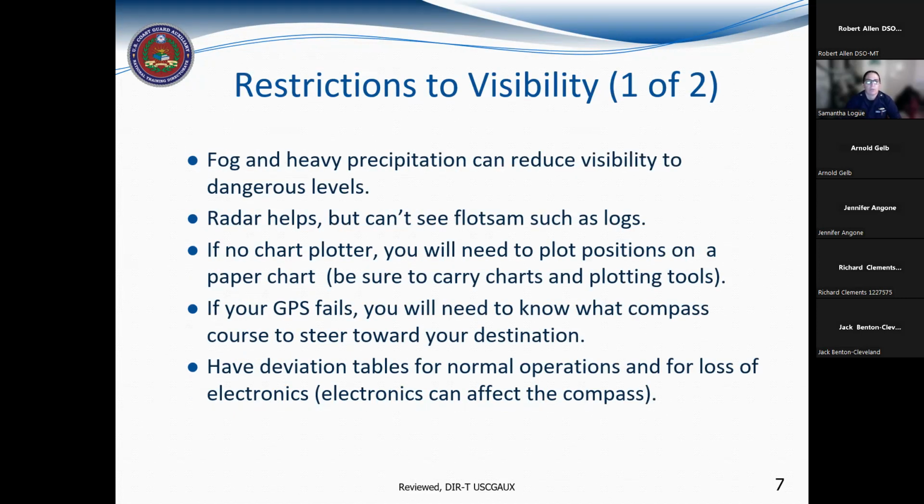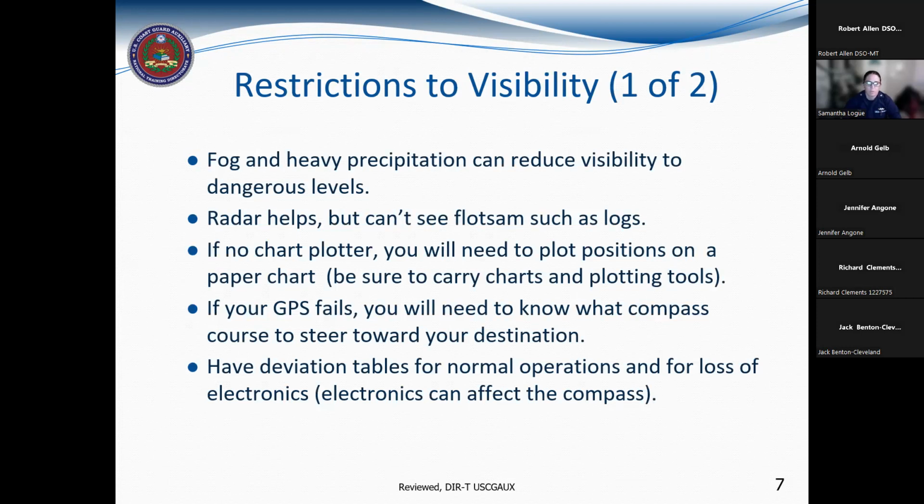Next slide, please. Restrictions to visibility. Fog is not a big thing here in the Midwest, but you can definitely get a lot of fog in the coastal areas and other places, and heavy precipitation can reduce your visibility to dangerous levels. I disagree with one of the questions that we'll have at the end of this chapter.